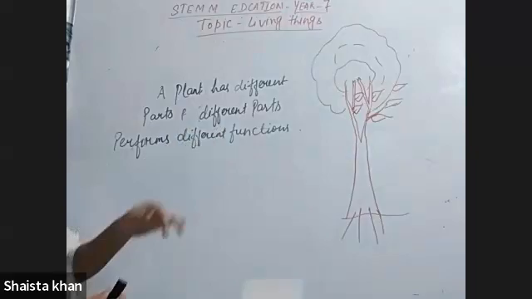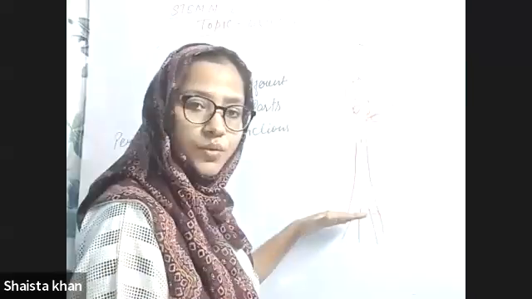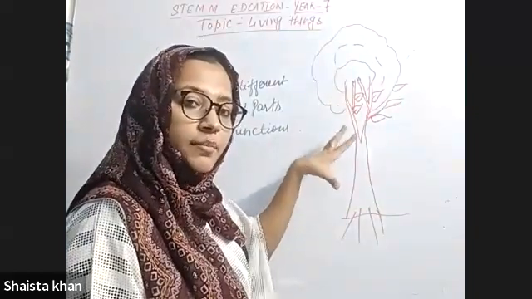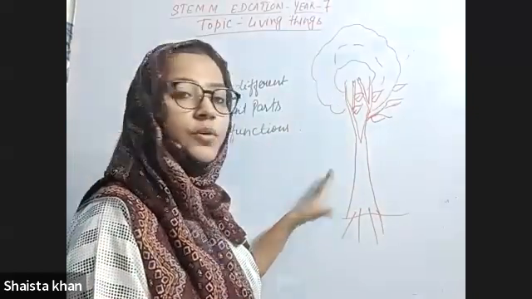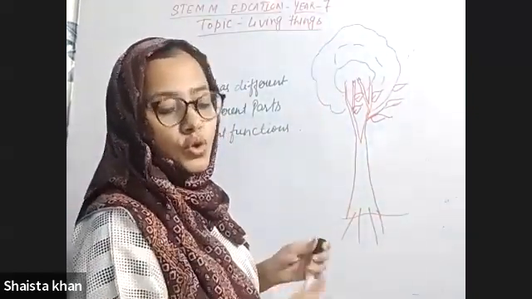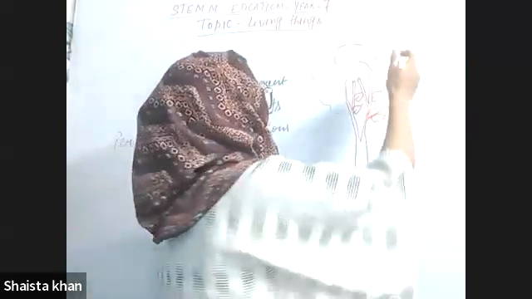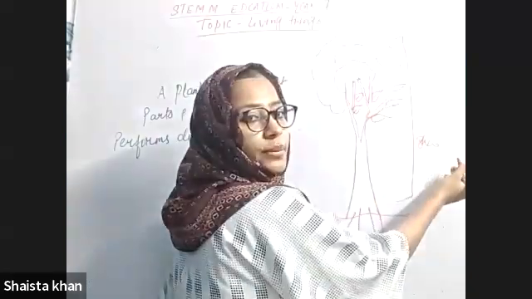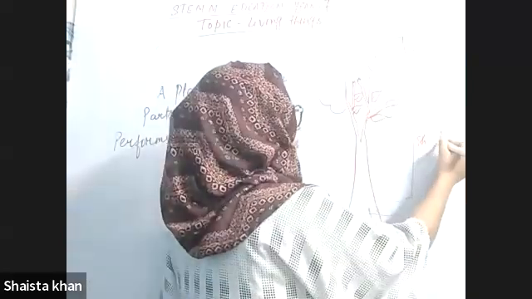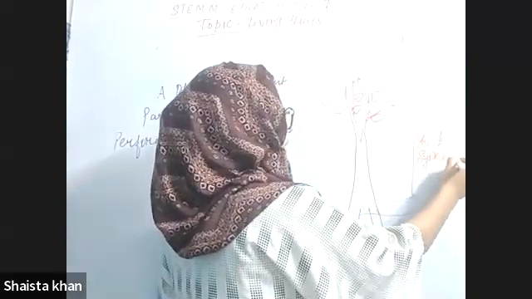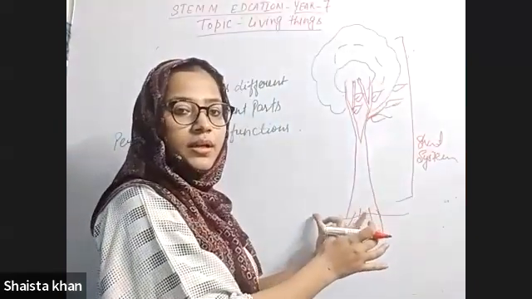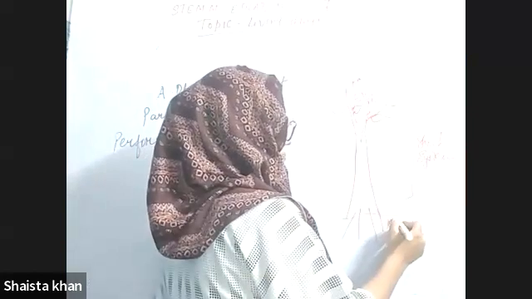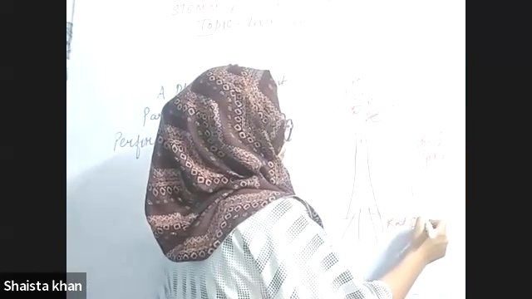And the part which is above the soil, the upper part from the root, is known as the shoot system. I hope it is visible. And the lower part is known as the root system.